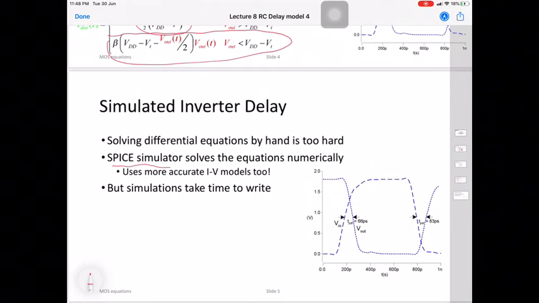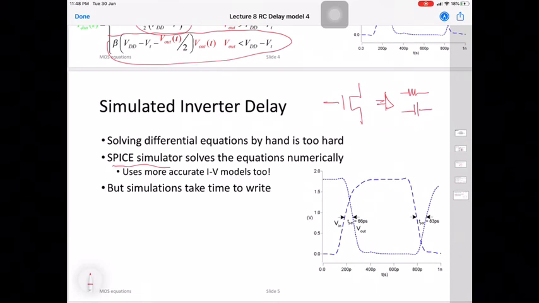This can accurately model the IV curve. But simulations are also complex. So if the engineer wants to make a ballpark estimate, what they need to do is transform the transistor into an R and C model.